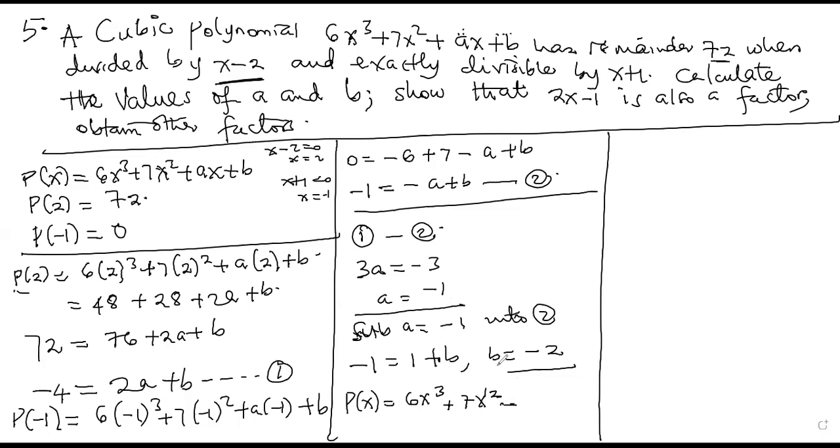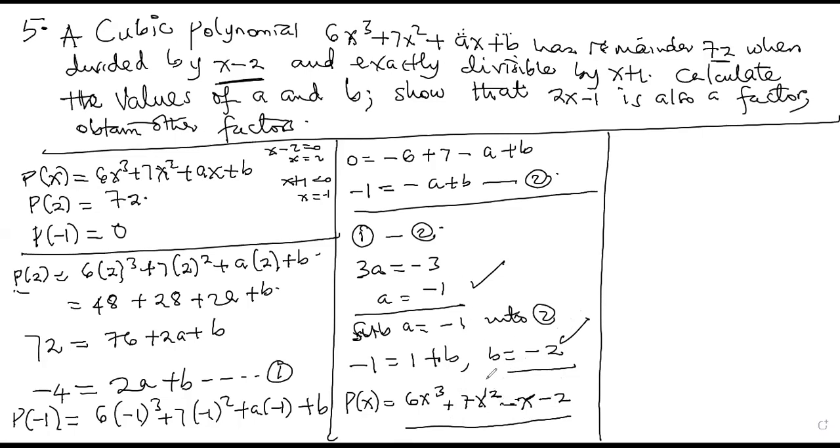A is negative, so it will be minus x. Then b is negative 2, so it will be minus 2. So that is my polynomial. After getting the polynomial, they need the values of a and b, but you cannot proceed when you have not substituted for them into the polynomial.